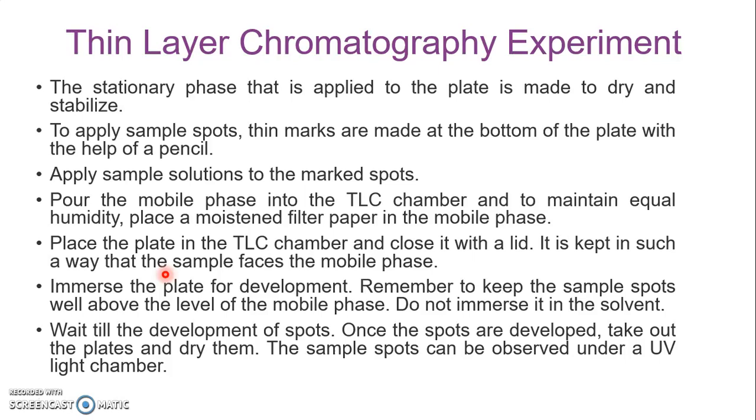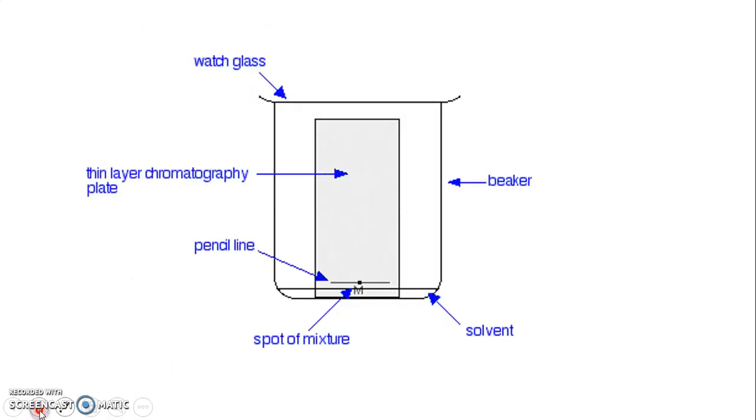If the materials are colored, then we will have colored spots. If they are non-colored, we can make them colored by using a suitable coloring agent, or we can visualize them in a UV light chamber. So this is the initial stage of thin layer chromatography.